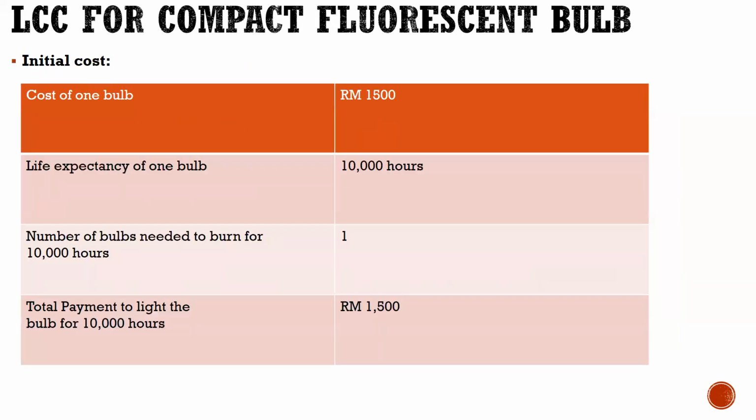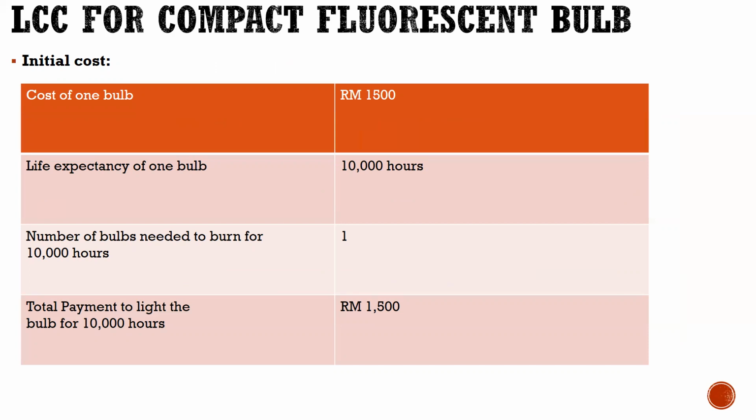Now, let us see the compact fluorescent bulb. The initial cost of the compact fluorescent bulb is 1,500. That is one bulb. And the life expectancy of this one bulb is 10,000 hours.